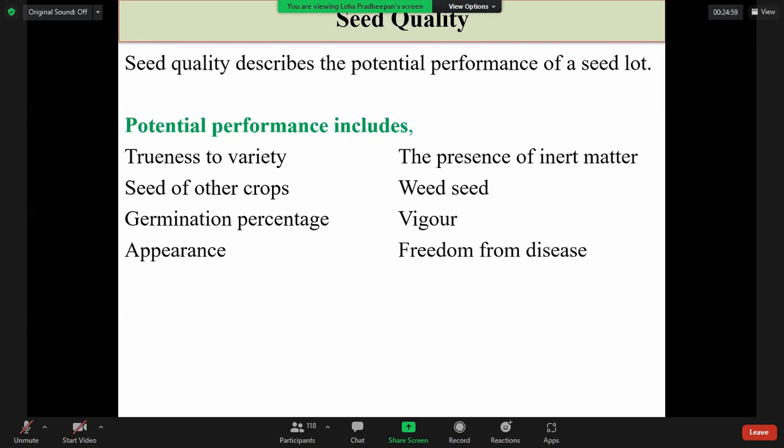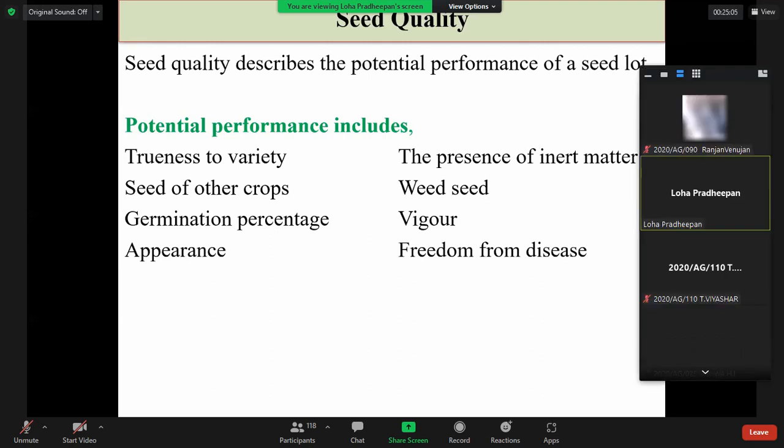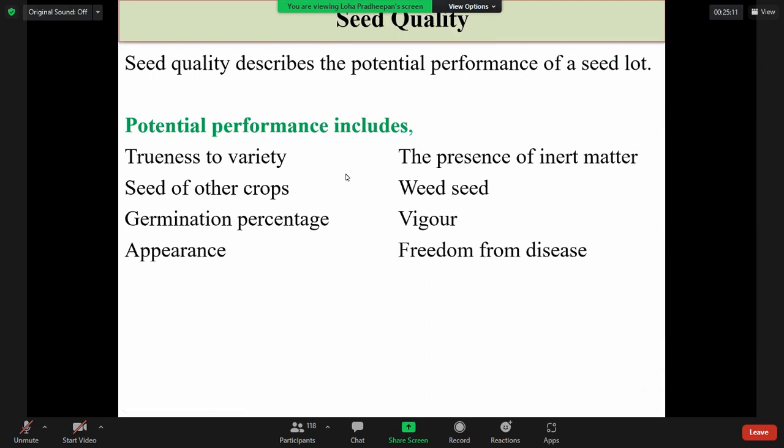If we have the trueness... Appearance means some may be small seeds, some may be big, even within one variety. The color may sometimes be malformed or shrunken.